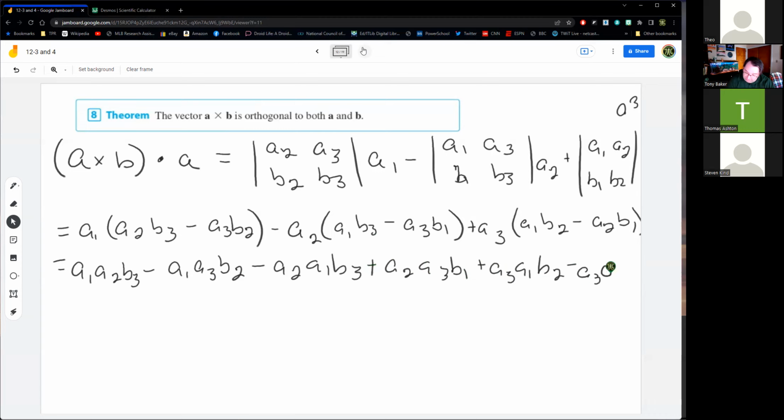So if we look at these, I got A1 A2 B3 here, and I've got the other A1, A1 A3 B2 here. No, where's the B3? Oh, there it is. So this one and that one cancel out.